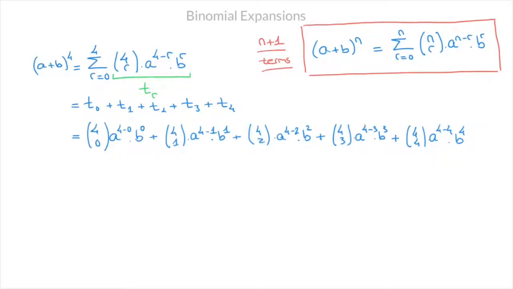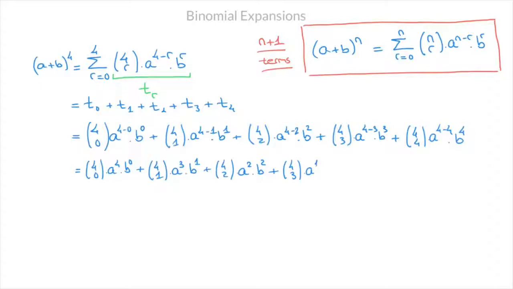And the first thing I'll do is simplify all these powers of a that I see here. This equals 4C0 times a to the power of 4 times b to the power of 0 plus 4C1 times a to the power of 3 times b to the power of 1 plus 4C2 times a to the power of 2 times b to the power of 2 plus 4C3 times a to the power of 1 times b to the power of 3 plus 4C4 times a to the power of 0 times b to the power of 4.